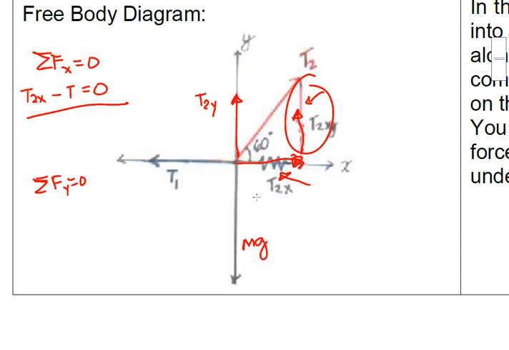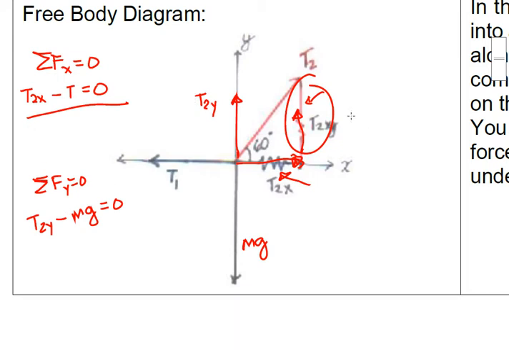We have here the weight and T2y. T2y is going upward, so it should be taken as positive, while the weight is going downward, so it must be taken as negative. So we have T2y minus mg is equal to 0.